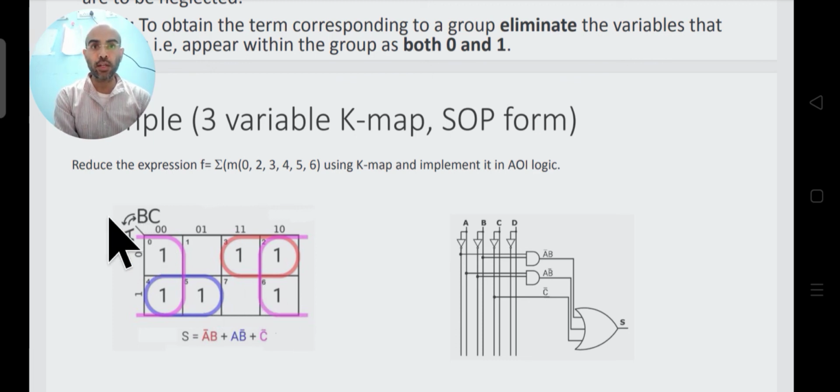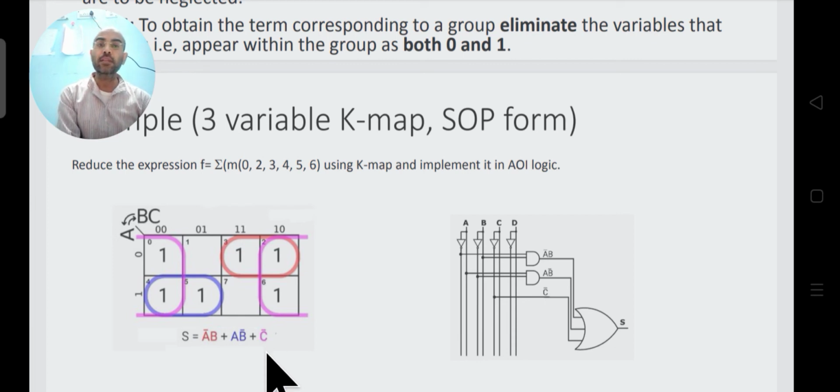So for this group, your term will be what? See, C is remaining 0. So the term in the answer will be C bar. So in the answer, there is a pink term as well. This pink term corresponds to this pink group. So we have written a C bar there.